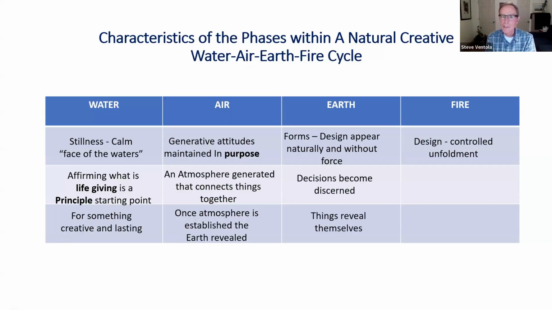If the first three phases are in order in a creative cycle, then there is a controlled unfoldment. Things move along in a controlled way. Then life joy: part of that controlled unfoldment is feeling a sense of joy as things unfold with a certain order and control, and then a natural result of creative action.